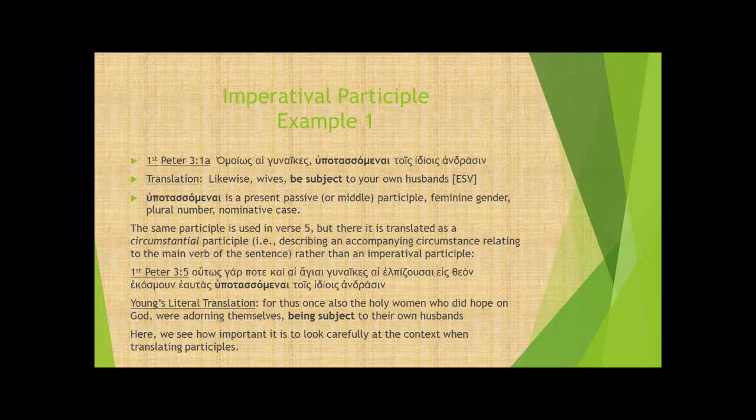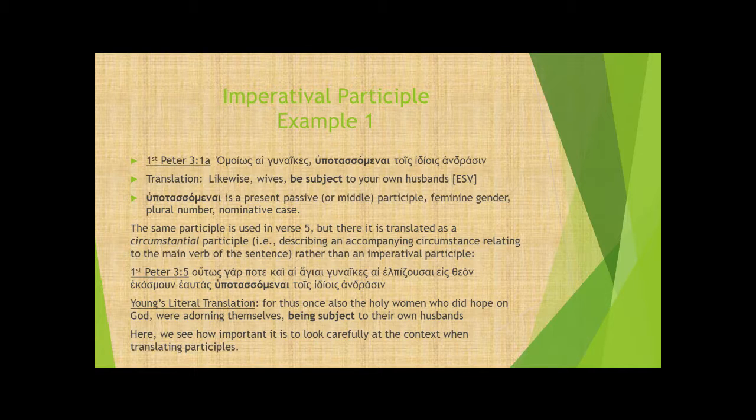The same participle is used in verse 5, but there it is translated as a circumstantial participle, that is, describing an accompanying circumstance relating to the main verb of the sentence, rather than an imperatival participle. 1 Peter 3:5.